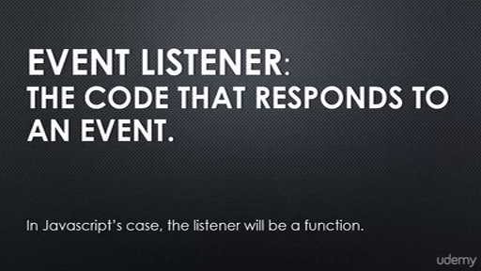So when an event happens, this function will be invoked. And you could have many listeners listening for the same event. So one event happens, and perhaps all over your application you have different listeners listening for that event. When the event happens, all the listeners will be invoked. Not simultaneously, one at a time in JavaScript's case.